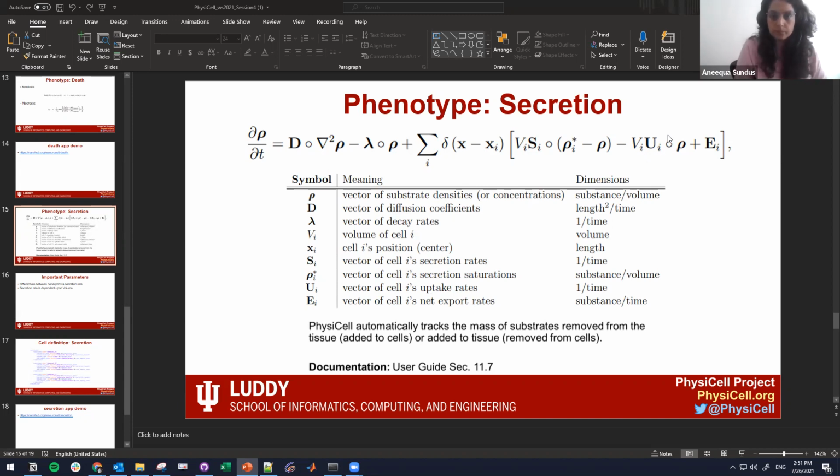With this term, no. You cannot absorb into the negative, but if you use the export part of the secretion and negatively export, which means you actually import more substance than what is present in the microenvironment, the microenvironment can go negative, so you have to be careful there also.